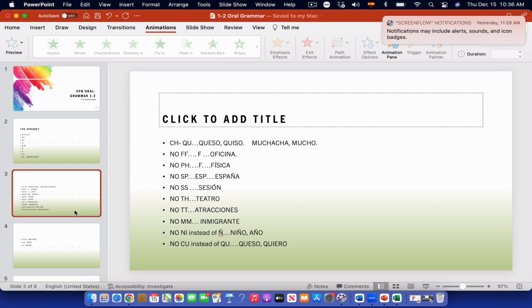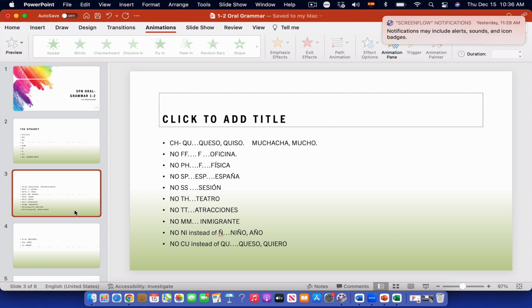So remember, FF and PH in Spanish are usually an F. Many words that begin with SP, for example Spain, in Spanish have to have an E in front, so España, right? And then we have no words with SS. For example, session will be sesión in Spanish. And then we have no TH, so theater in Spanish will be teatro with only one T, right?